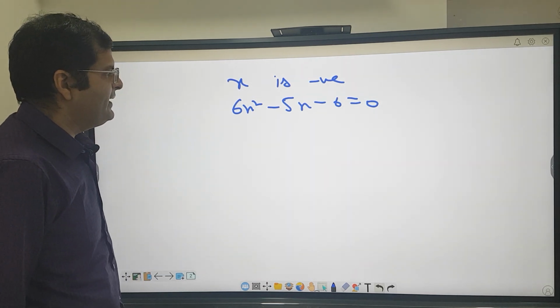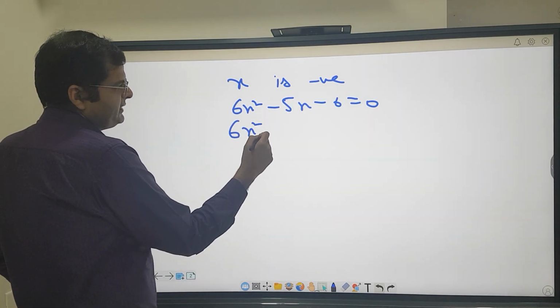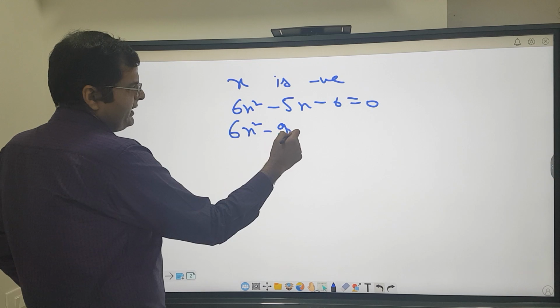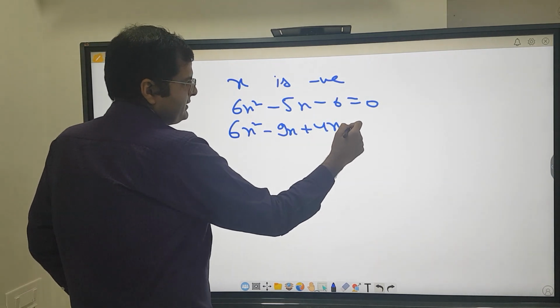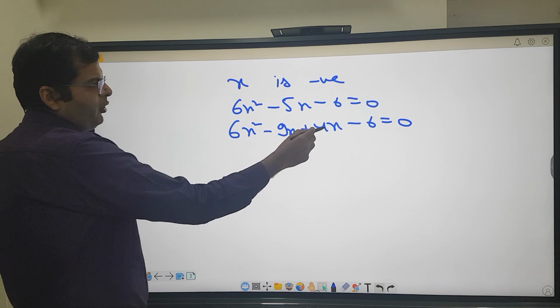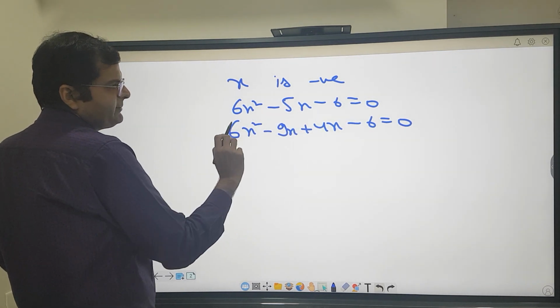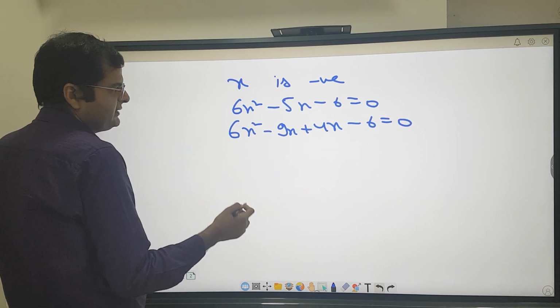If I do minus 9 and plus 4, that should help. So it becomes 6x square minus 9x plus 4x minus 6 is equal to 0, because minus 9 plus 4 is minus 5 and minus 9 times 4 is minus 36, which is 6 into minus 6.